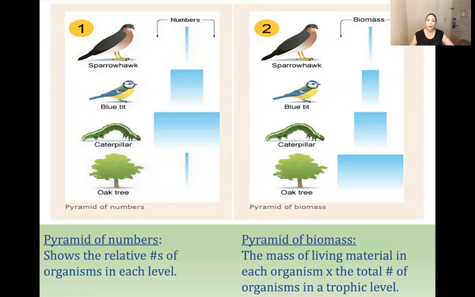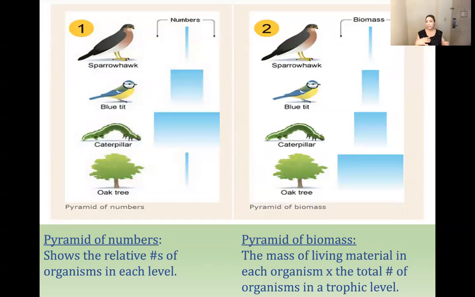Sorry about that. Okay, so the biomass pyramid looks the same as the energy pyramid, and it's basically just showing you that for oak trees, I'm looking here on the right where it says biomass, you have to have a lot of plant material to support the number of caterpillars that you see here, and the caterpillar tissue, right, or the mass of it, is a lot less than the mass of the oak trees.